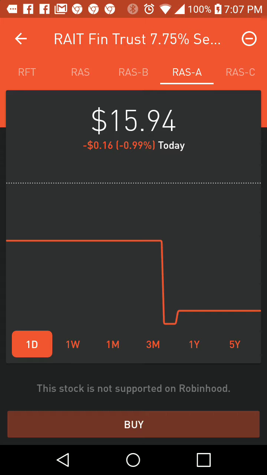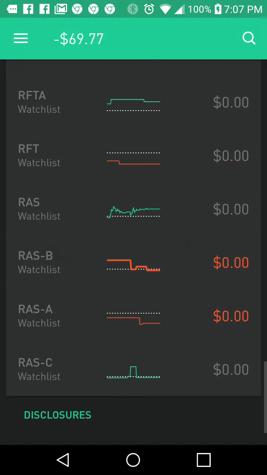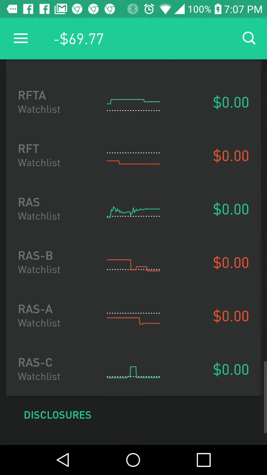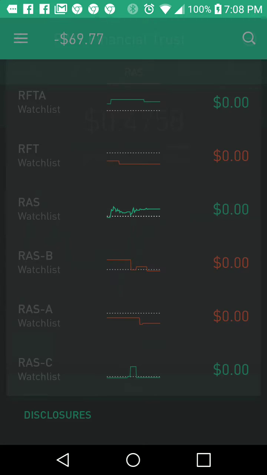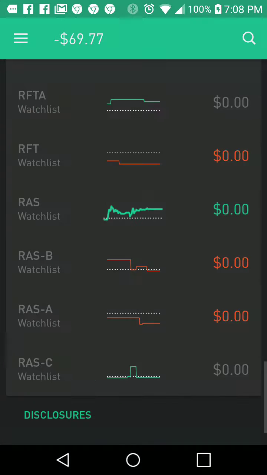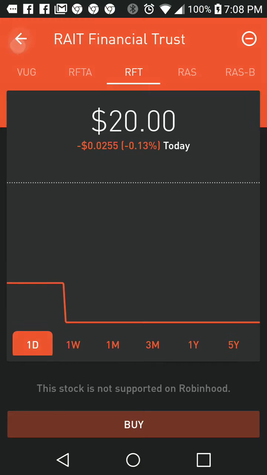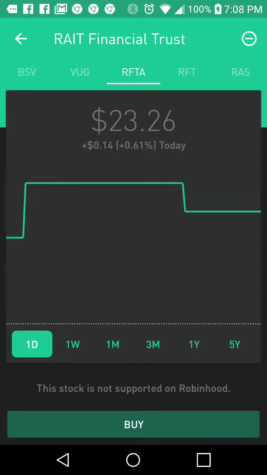This one is $15.94 a share, while this one is $16.90 a share. The following one, we'll come back to that one. Wait. The following one is $20 a share. And this one is $23 a share.